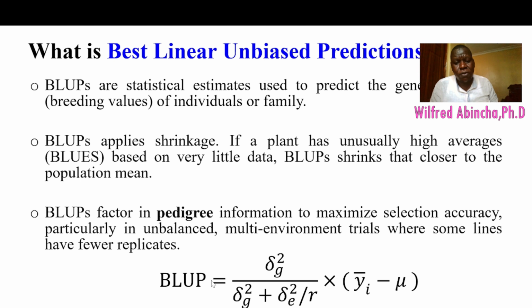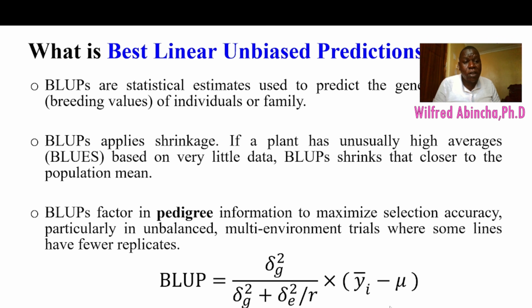To understand BLUPs, you get the mean of each individual and subtract the population mean, the way we did in BLUs. However, this deviation from the population mean is corrected by the random effects of the model.